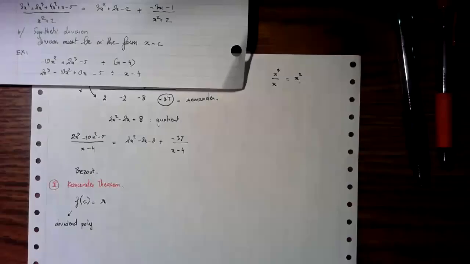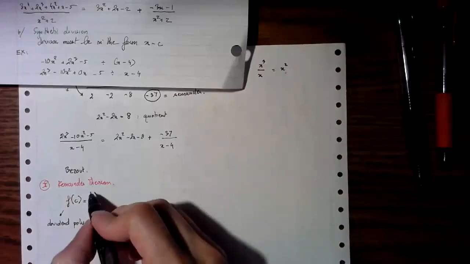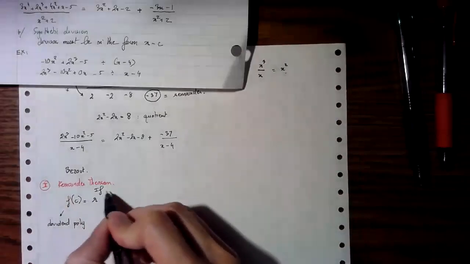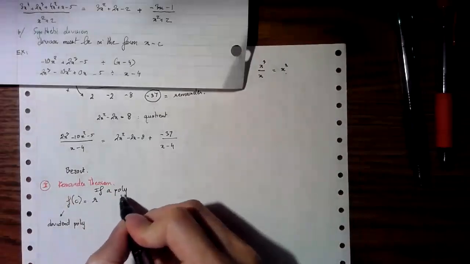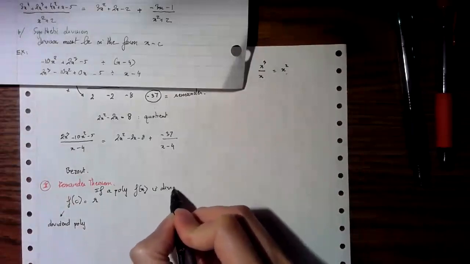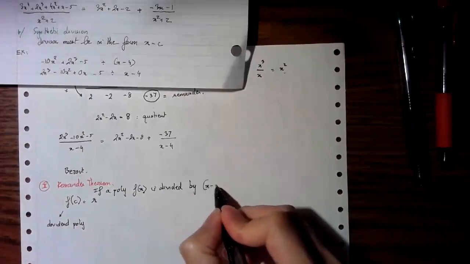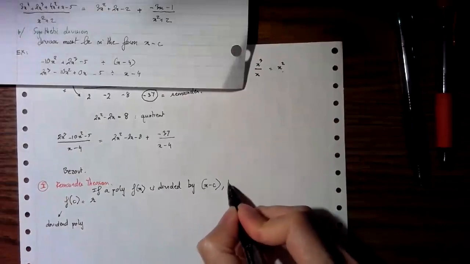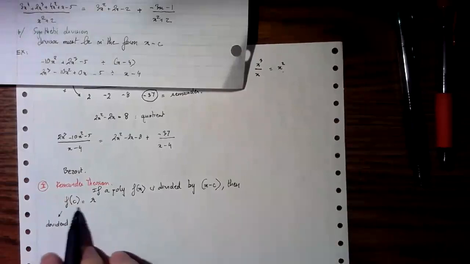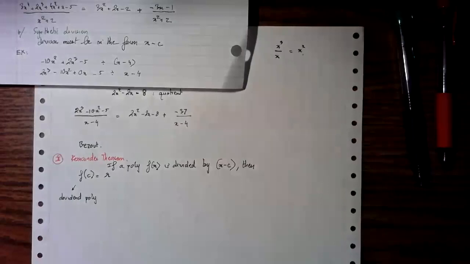So the whole theorem is: if a polynomial f(x) is divided by x minus c, then f of c equals r. That's the remainder theorem.